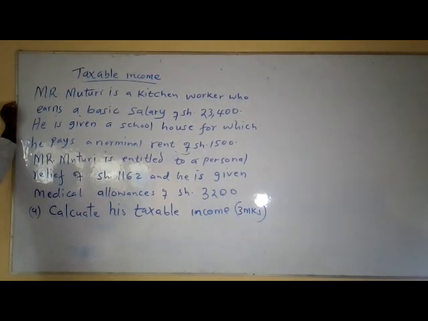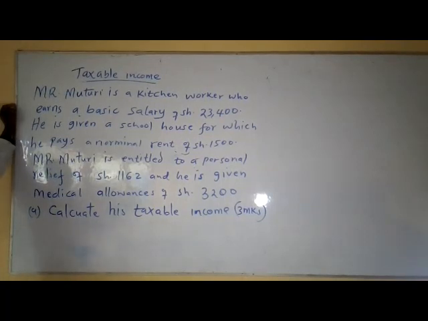Mr. Muturi is entitled to a personal relief of Kenya shillings 1,162, and he is given a medical allowance of Kenya shillings 3,200. Question A, which carries 3 marks, is to calculate his taxable income.